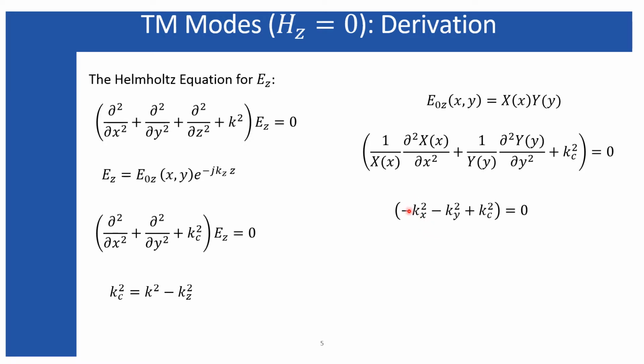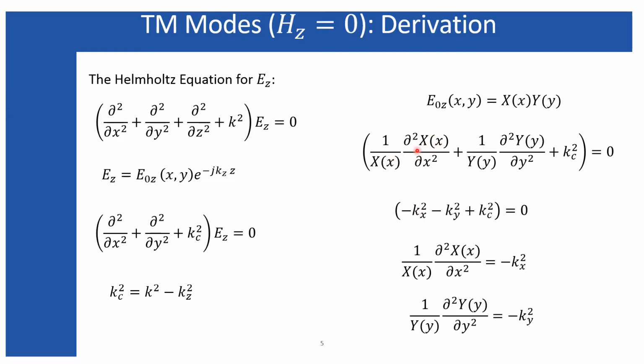And as I told, this kx square and ky square define this kc square, and I relate kx square with the x dependent variable and ky square with the y dependent variable.